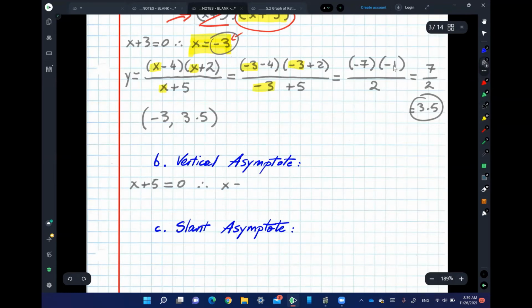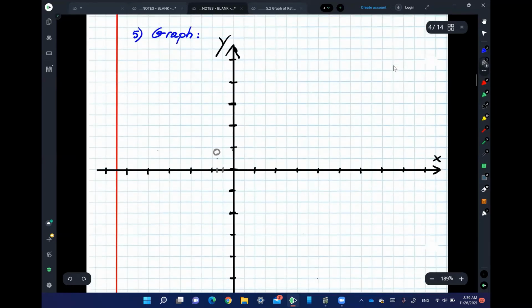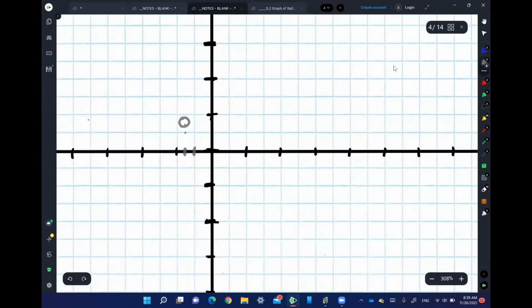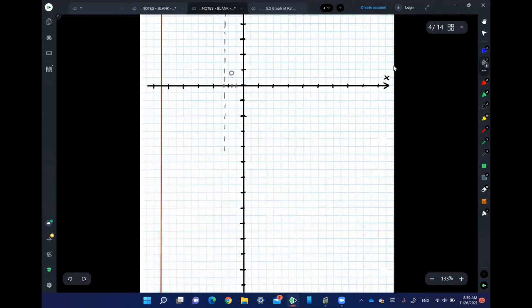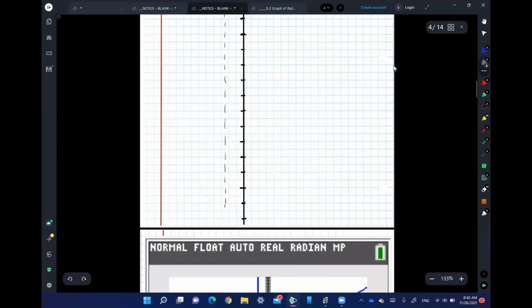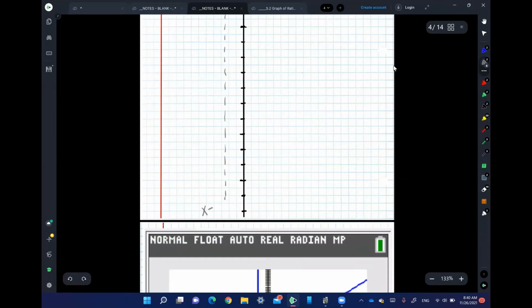Therefore, x equals -5. And that will give me my vertical asymptote. 1, 2, 3, 4, 5. -5 right here. This is x equals -5.